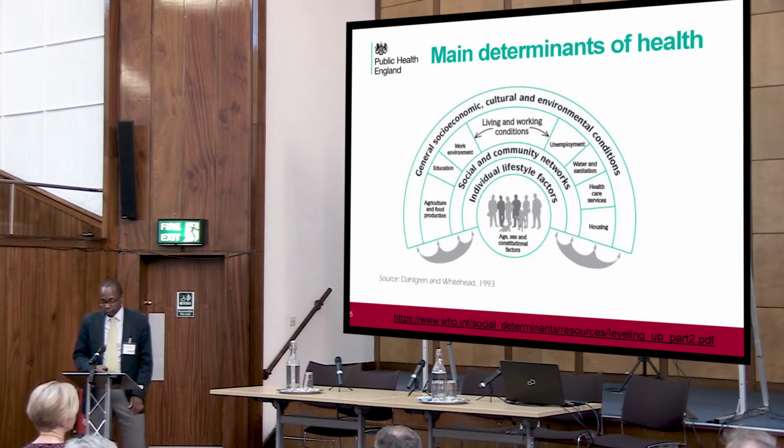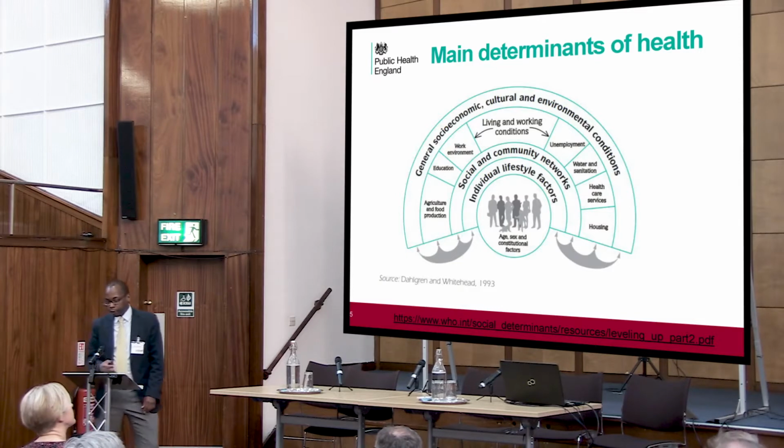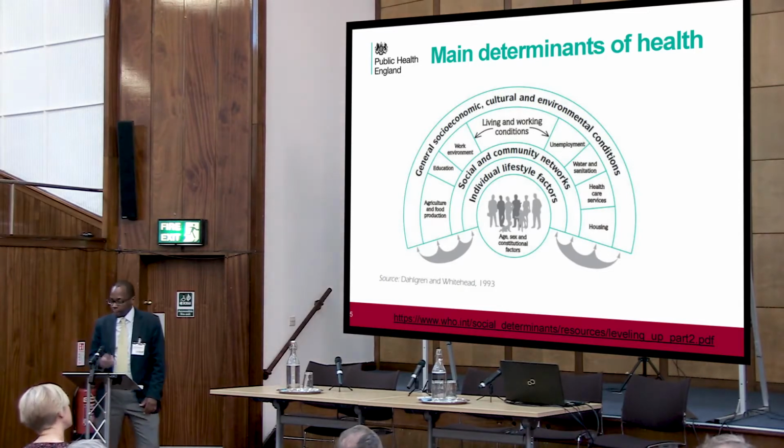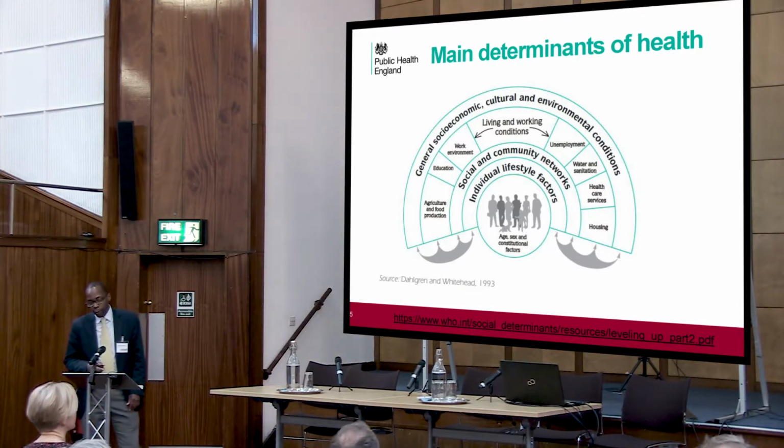Hopefully not teaching people to suck eggs, but I thought it was really useful to introduce the main determinants of health. This is the World Health Organization's Dahlgren and Whitehead model, which really focuses on the determinants of health and well-being for both individuals and populations. Those in the centre here are relatively fixed in terms of our age, our sex, and our genetics.